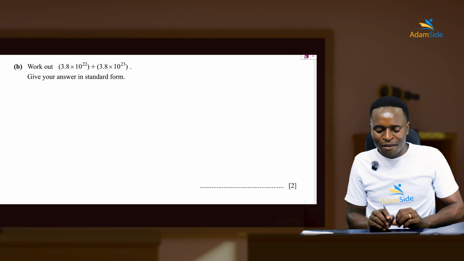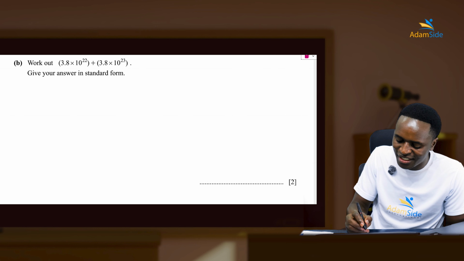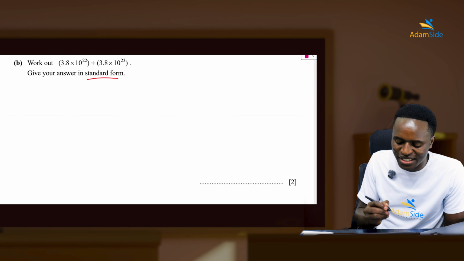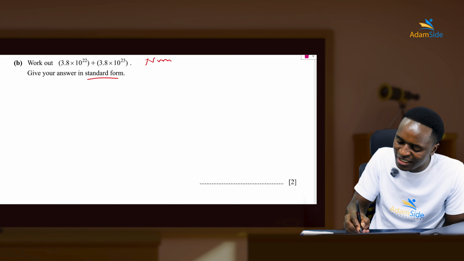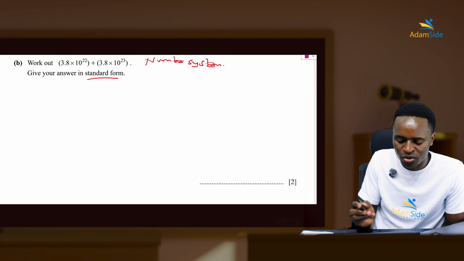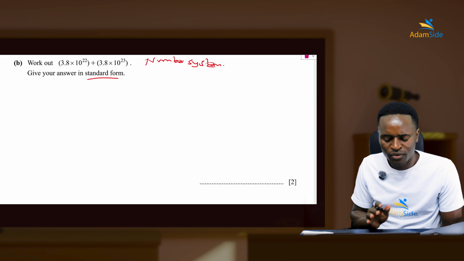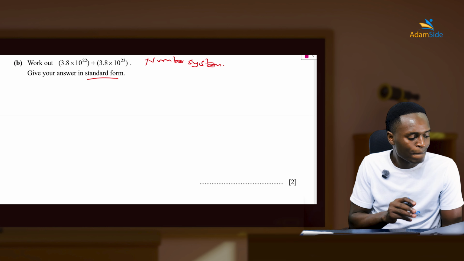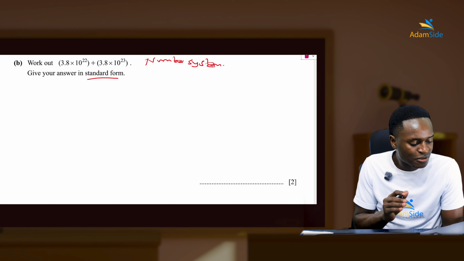Work out 3.8 times 10 power 22 plus 3.8 times 10 power 23, still on standard form of the unit number system. This is very simple, because we are still multiplying.